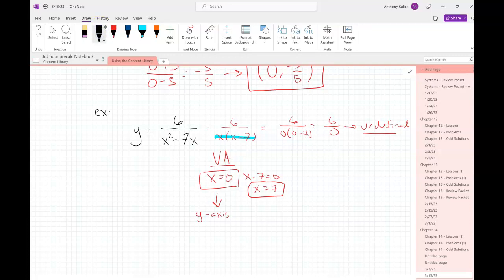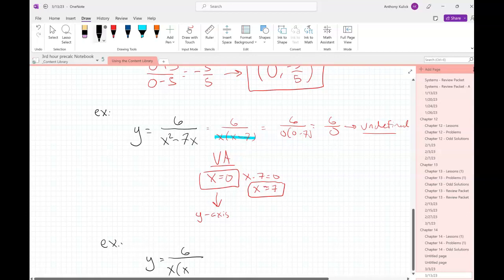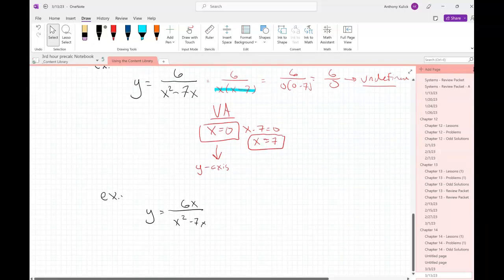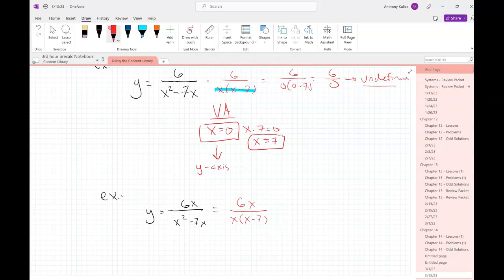What else could I do that's sneaky? What if I changed it to 6x over x squared minus 7x? Well, not so fast, homie. Because we can reduce that.